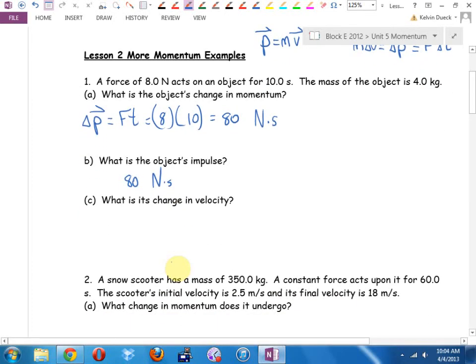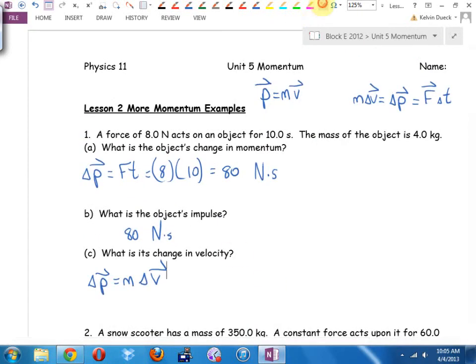What's its change in velocity? Well, another way to calculate impulse is mass times change in velocity. That's what I wrote right up here, the left-hand side of my impulse equation. Do I know the impulse? 80. Do I know the mass? Oh yeah, they did tell me. Let's get the change in velocity by itself.